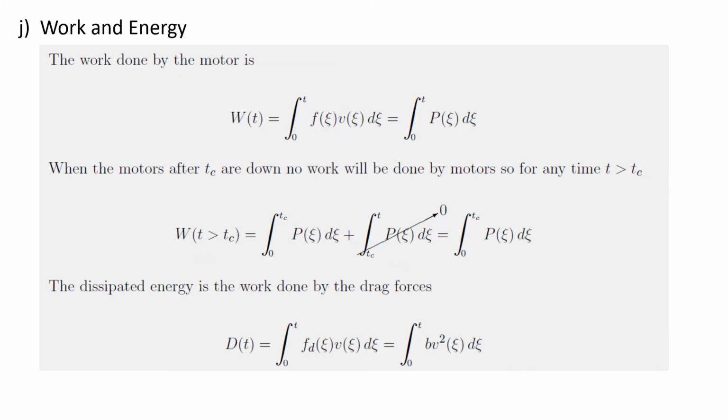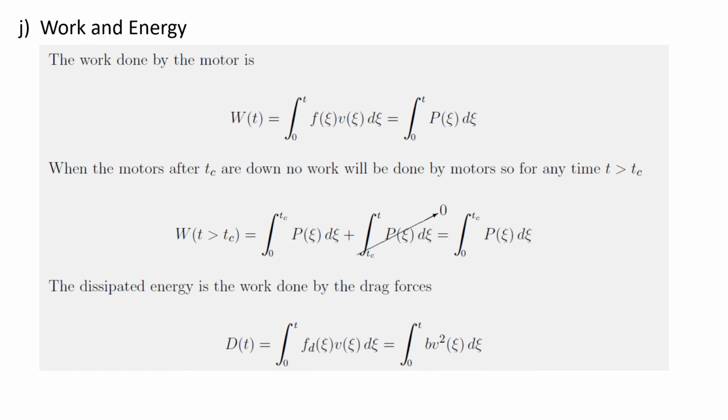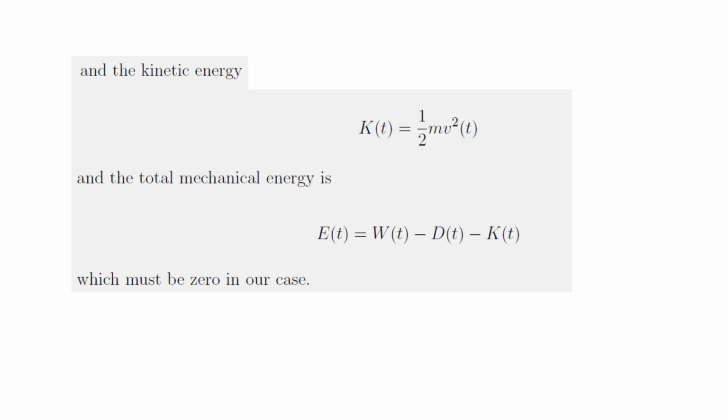And for the dissipated energy, you will use this equation: the damper coefficient times the velocity to the power 2. We have two velocity functions, before shutdown and after shutdown, so you also need to sum two integral functions. The kinetic energy will be 1/2 mv squared. Only this function. You don't need to do the integral.